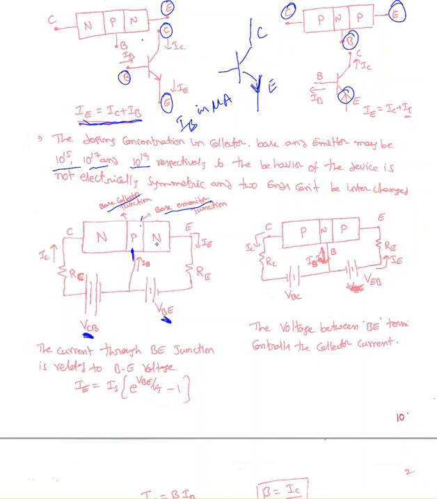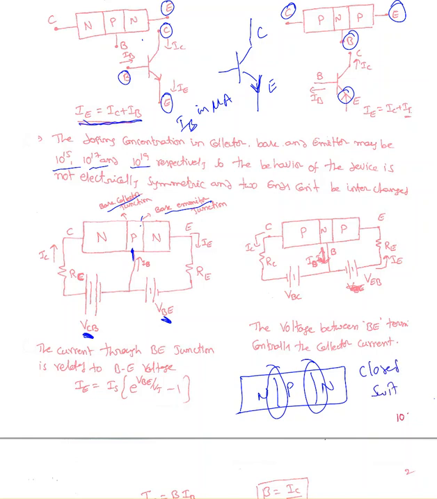This transistor is going to be operated in three ways. For example, if you have an NPN transistor and both junctions are forward biased, it acts like a closed switch.